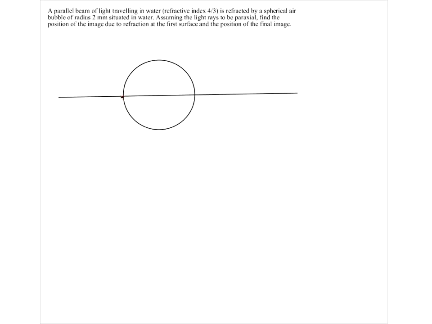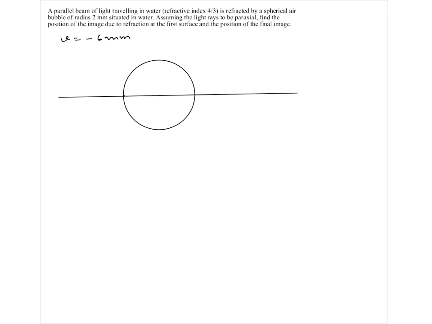In which part do you have problem? First part, second part, or both? All right. So I assume that for the first part you are getting V equal to -6 mm.